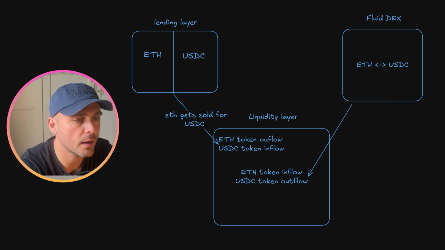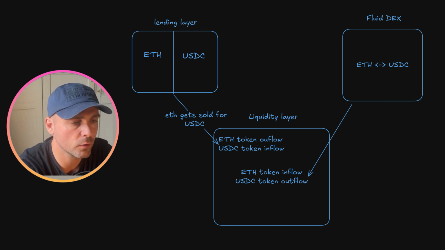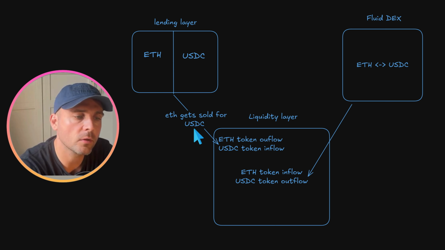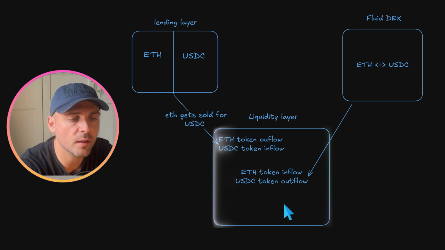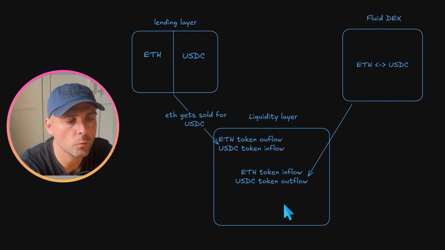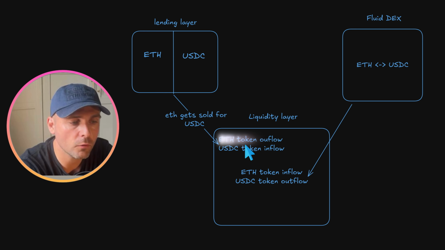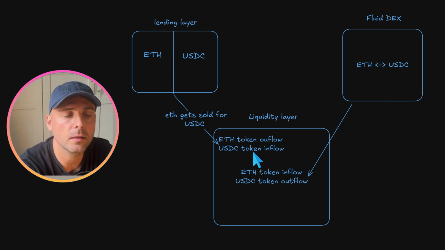So here I have the drawing of the Fluid system in a simplified version. So as we just said, the lending layer typically sells ETH for USDC during liquidations. And so that means that the foundational central liquidity layer within Fluid witnesses ETH token outflows and USDC token inflows, like any other lending protocol.